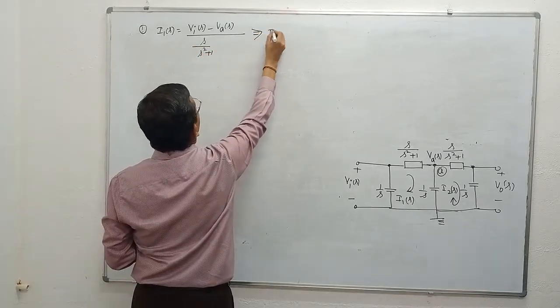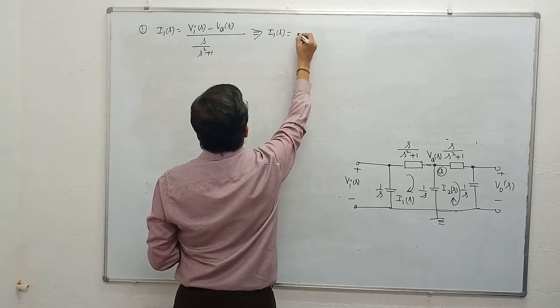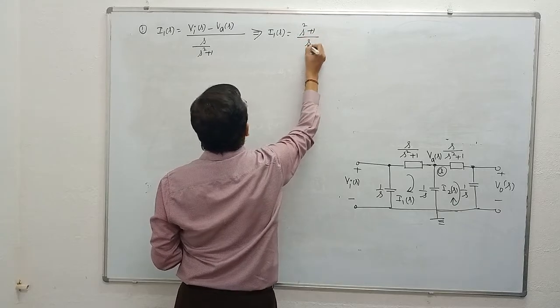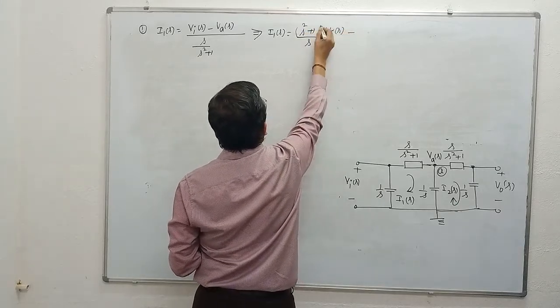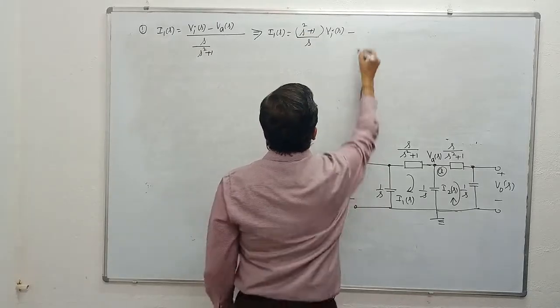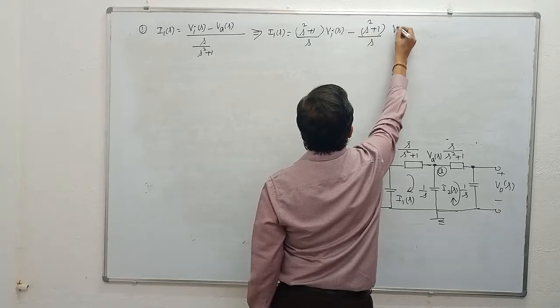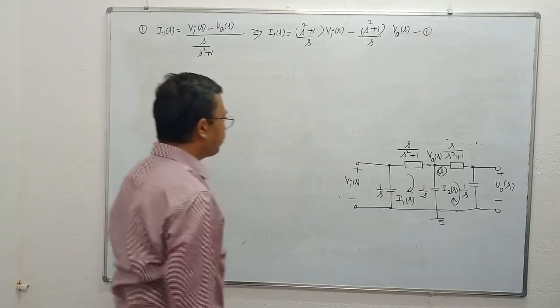This implies I1 of S is equal to S square plus 1 by S into VI of S minus S square plus 1 divided by S into VA of S. This I call equation 1.